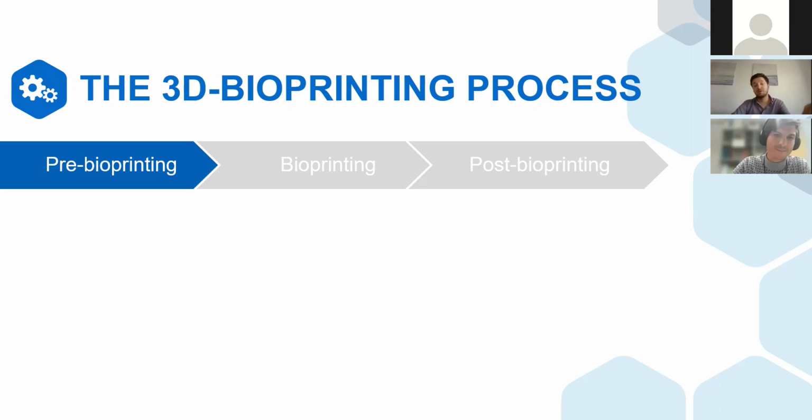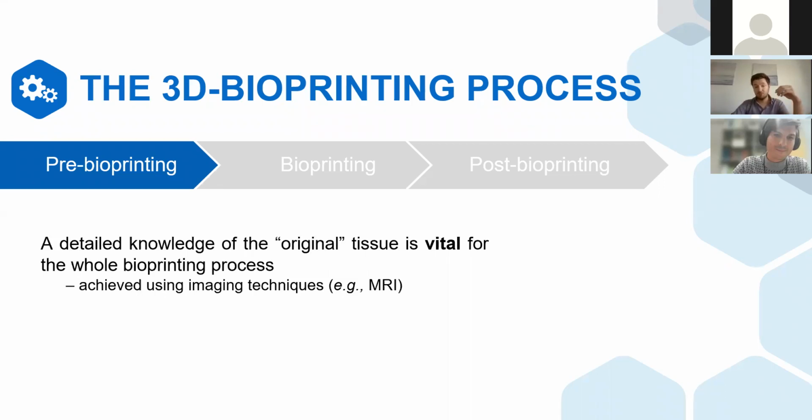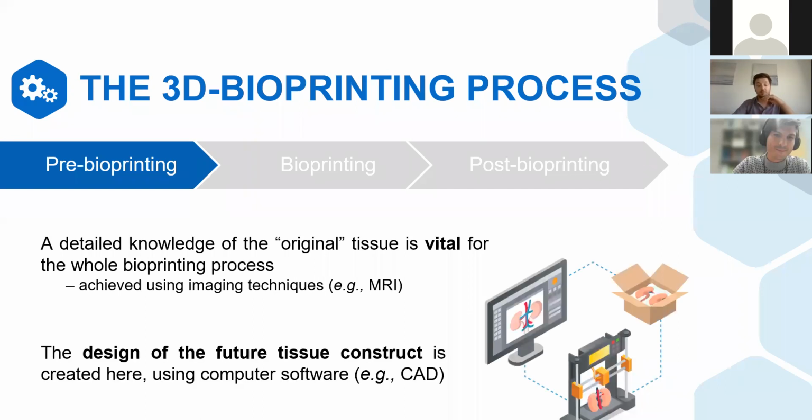When we talk about pre-bioprinting, what we mean is that we need a detailed knowledge of the original tissue, and this will be vital for the whole bioprinting process. What we mean by this is that we need to know what we want to build, or what organ or tissue we are trying to mimic. For this, we use imaging techniques, for example, MRI, to understand the structure of the original or the living tissue itself.